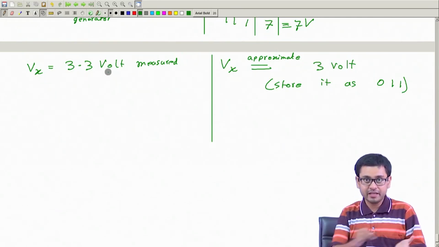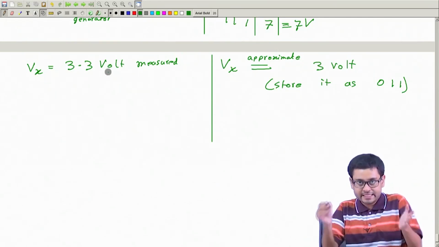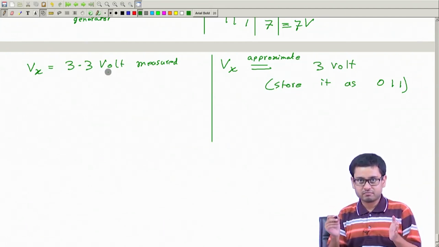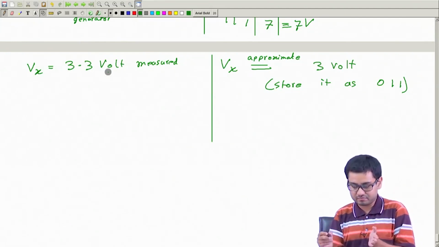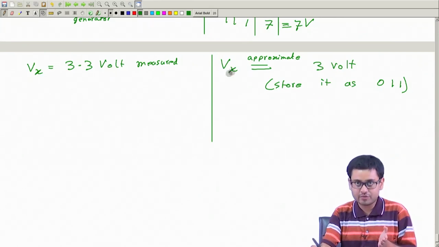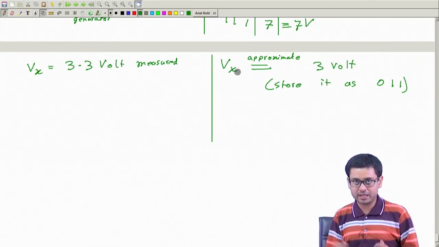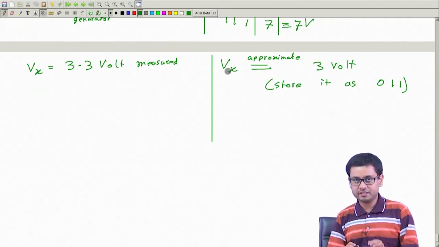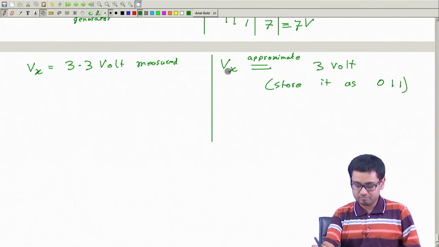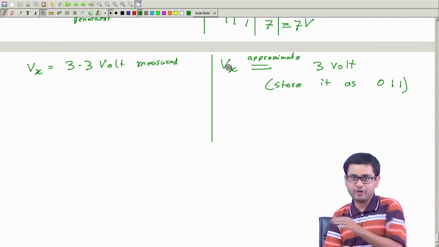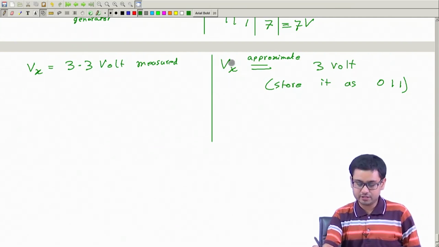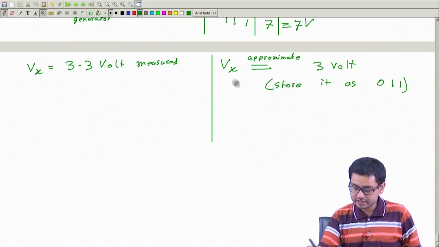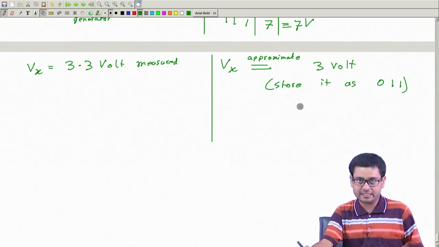Analog voltage is something that can take any value. Digital means we represent the value in digits, in numbers, so we cannot represent arbitrary precision. We can only represent discrete values of this voltage. That is called the digital representation.